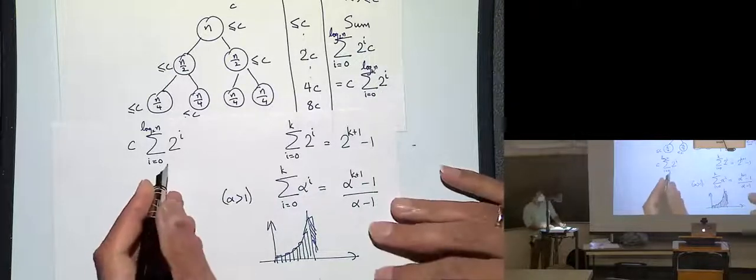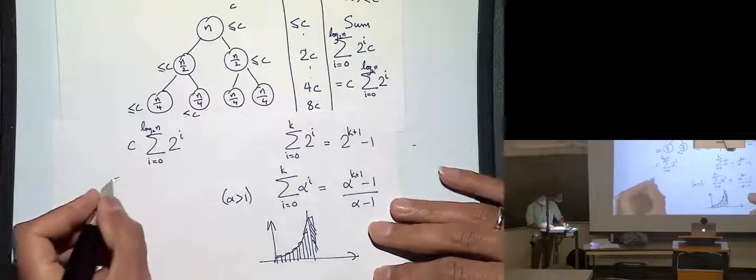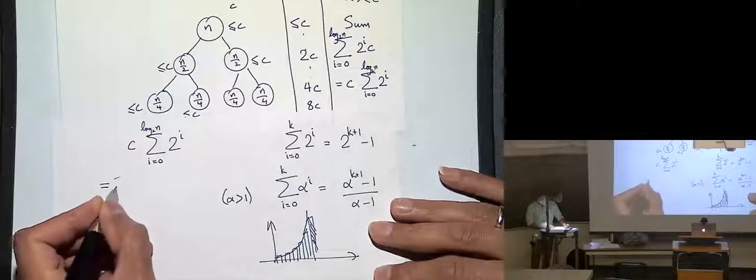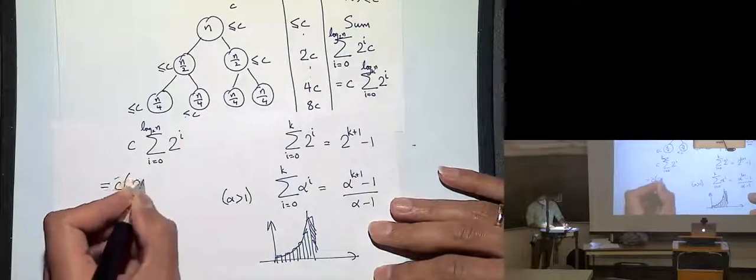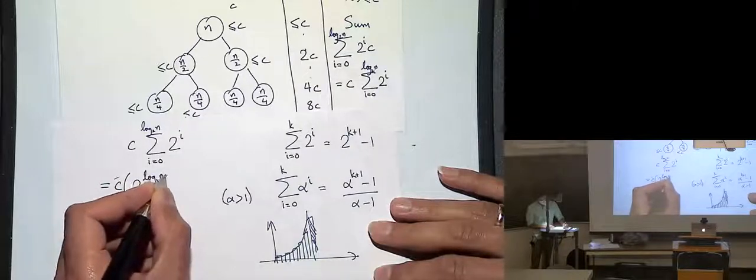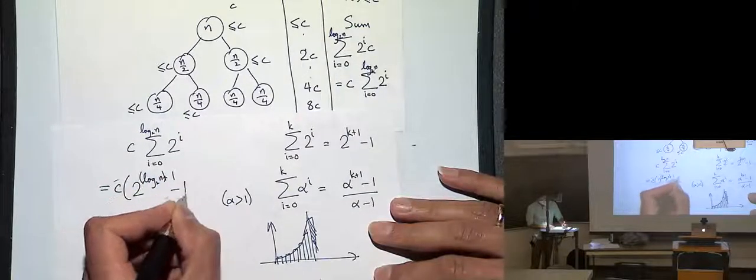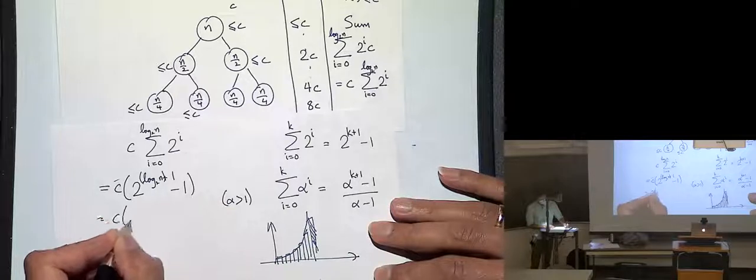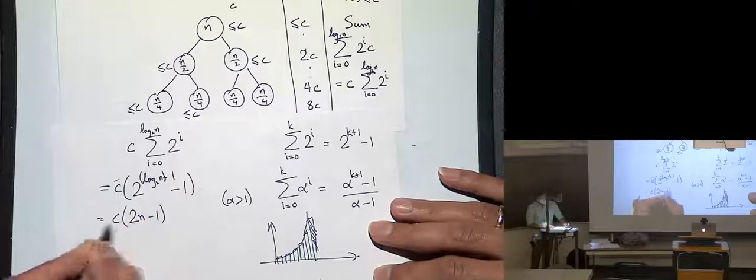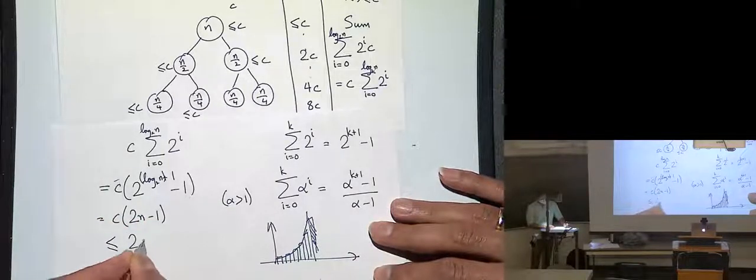Anyway, so this thing is actually exactly c times 2 to the log base 2 of n plus 1 minus 1. This is c times 2n minus 1. Whatever, this is at most 2cn.